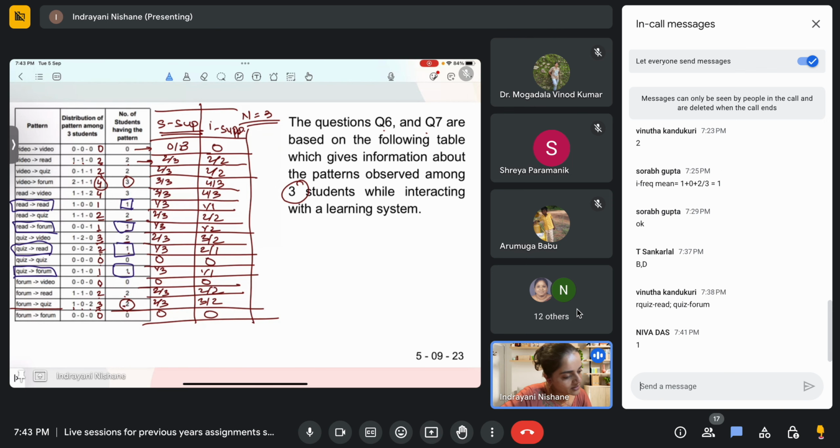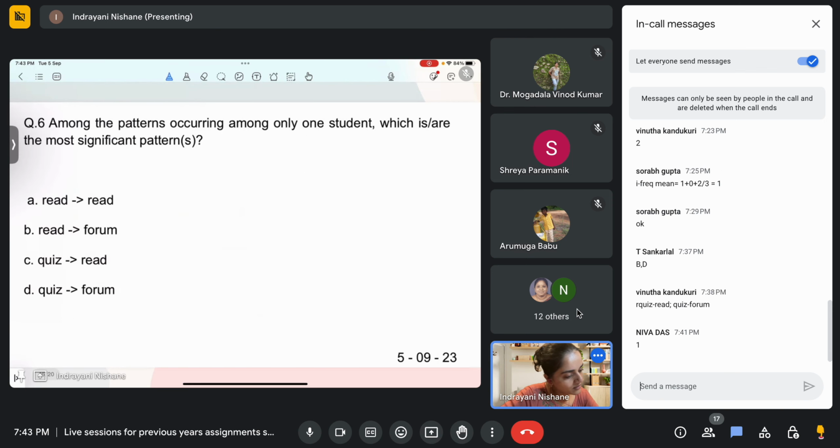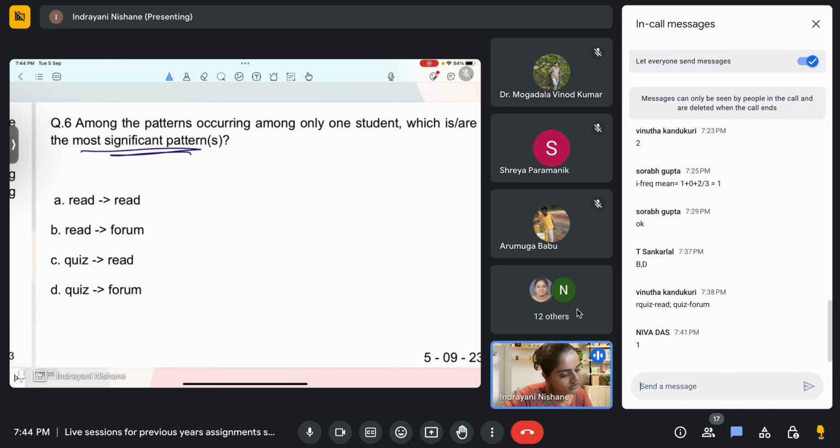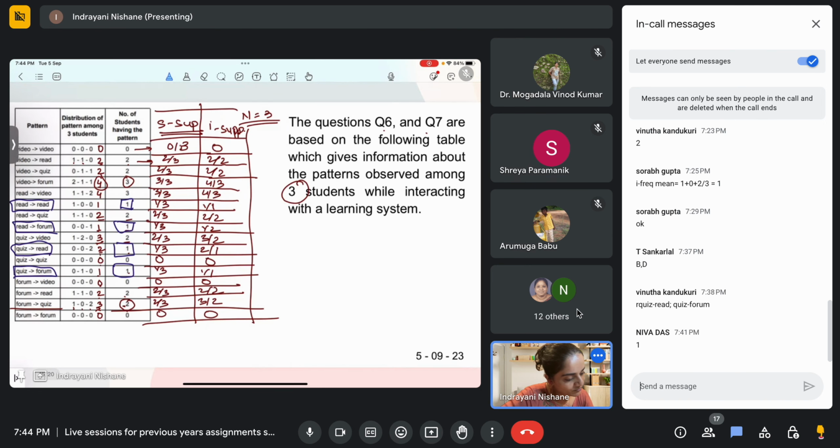So out of these, which is the most significant? That means we have to look for the highest S support out of these 3. Everything is 1 by 3, is it? Yeah, 1 by 3, 1 by 3, 1 by 3.